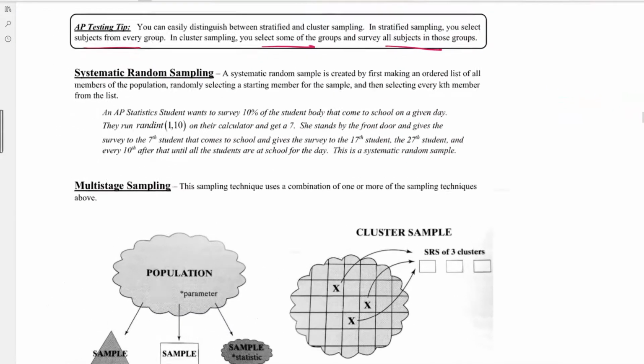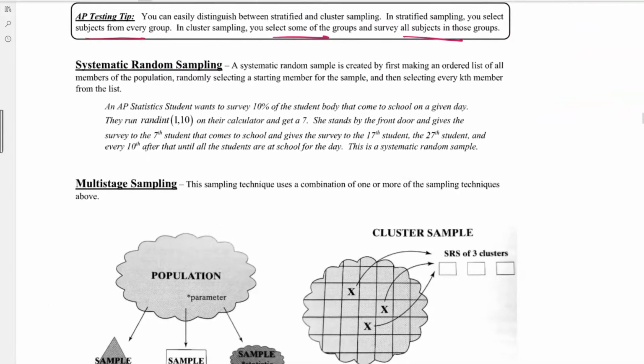A systematic sampling technique. A systematic random sample is created by first taking an ordered list of all the members of the population, randomly selecting a starting member for the sample, and then selecting every kth member from the list. For example, in AP Stat class, you want to survey 10% of the student body that come into school on a given day. You run random integer on your calculator, 1 to 10. You get a 7.